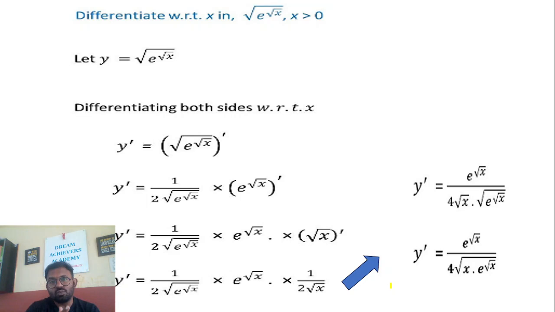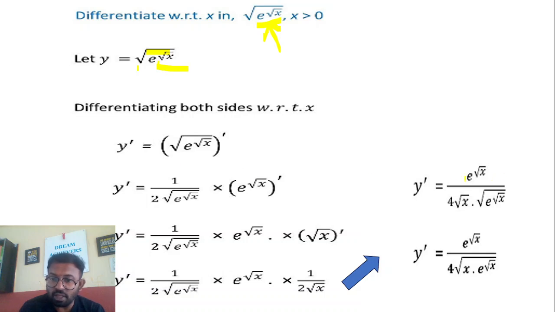Yes, now this is one more way. Now, see here, initially we should consider what we are seeing in the problem. Root of, so first we need to think of root of x. Okay. Next, let us go for differentiation of inner terms. Here it is in the form of root of e power root x. Clear?